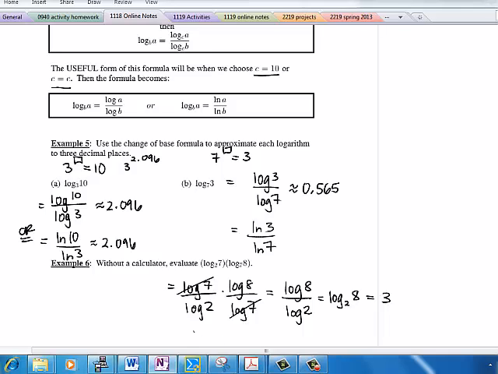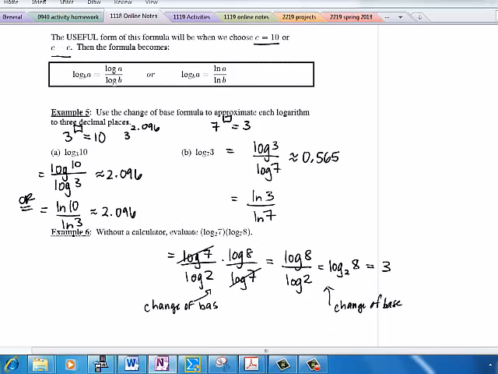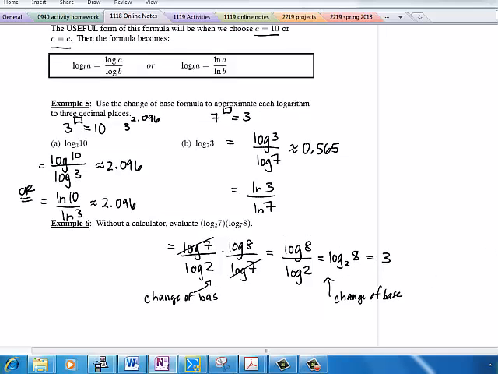So this was by the change of base, and this was by the change of base. So using it in opposite directions, we were able to evaluate that expression that we couldn't evaluate by doing each factor individually, but we could evaluate by doing some rewriting and getting to something we knew.